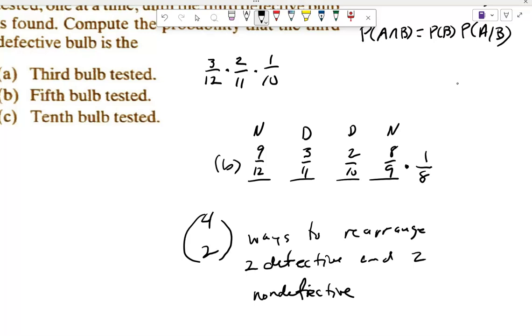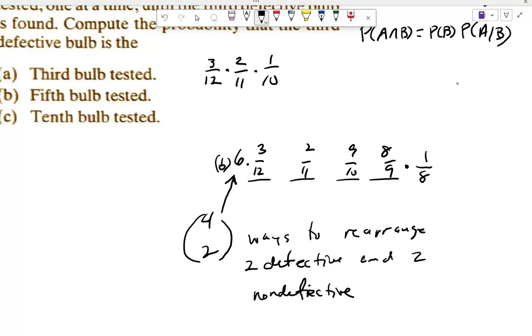Okay, so if I go back to my first arrangement that we wrote down, which was, what did we have? I said 3, 2, 9, 8. What do you think I would multiply out in front of this thing? 4 choose 2 is 6, so I put a 6 out in front of it.